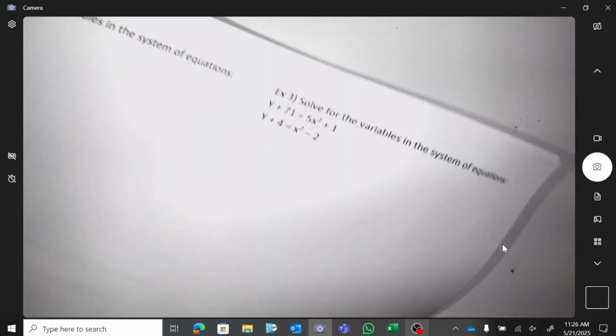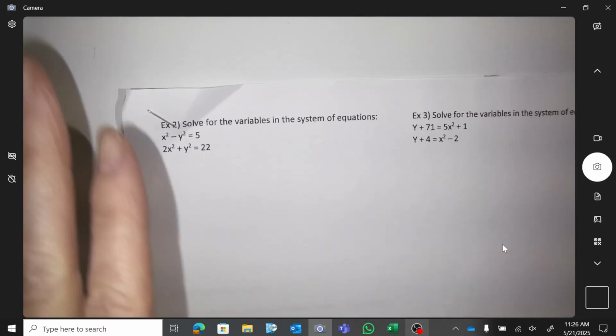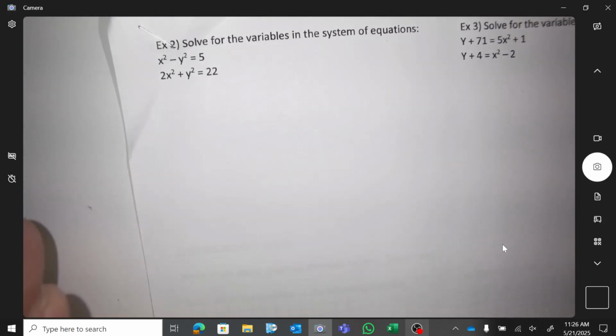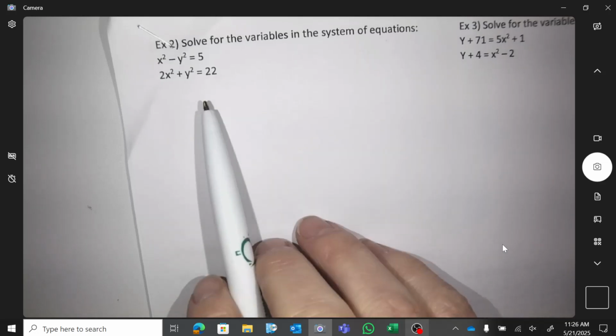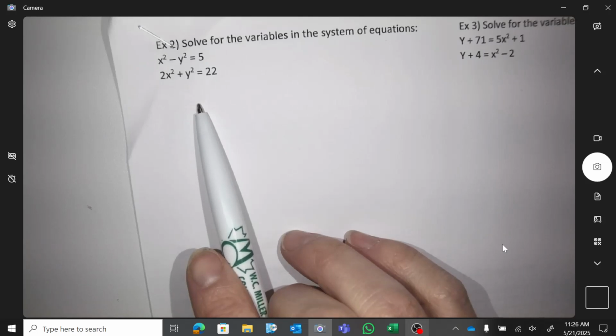Okay, I have 2 examples and then we're done. We're not going to do all these methods. We're going to pick which method seems like it would be the best fit. So here we go. Ready?